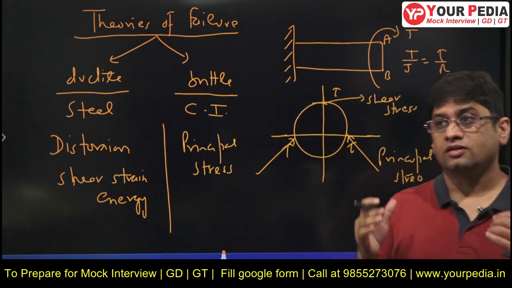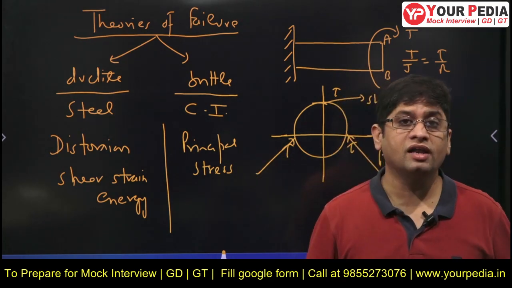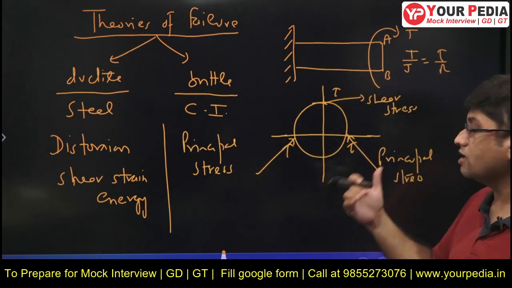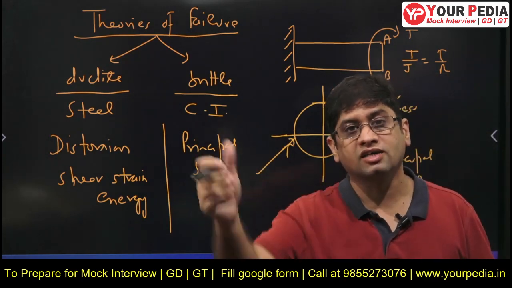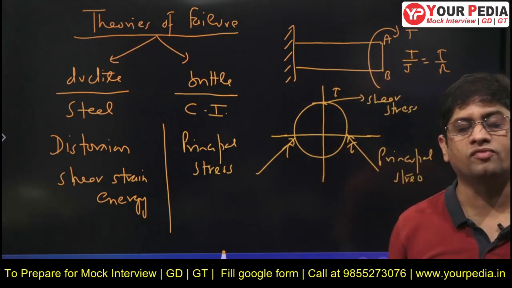Now, the brittle material will fail at the plane where the principal stress exceeds the strength of that particular material.